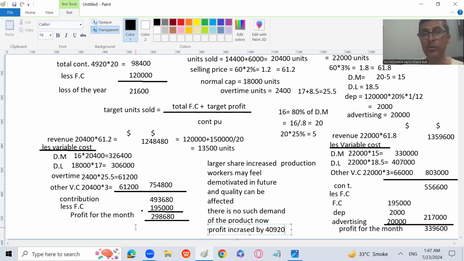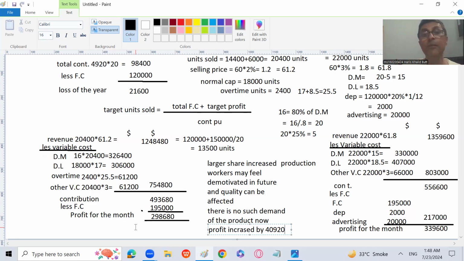You can also write that the direction of the suppliers will be taken into account, whether suppliers are available and willing to supply more material, because we are increasing the production.